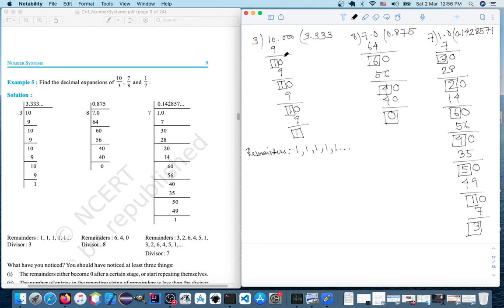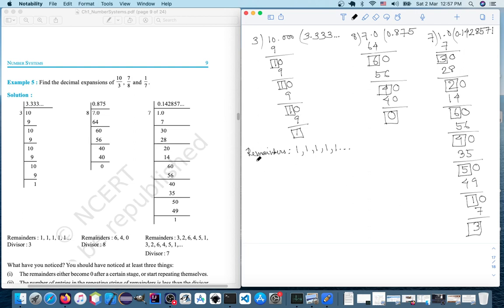As you can see, the long division method will never end when we divide 10 by 3. Also here, this will go on. 3 dot means it will never end. The digit 3 after the decimal point will never end. It will be an infinite number of digit 3 after the decimal point.